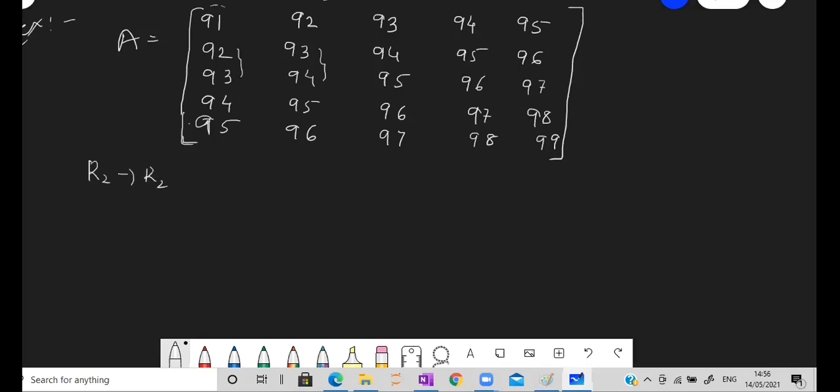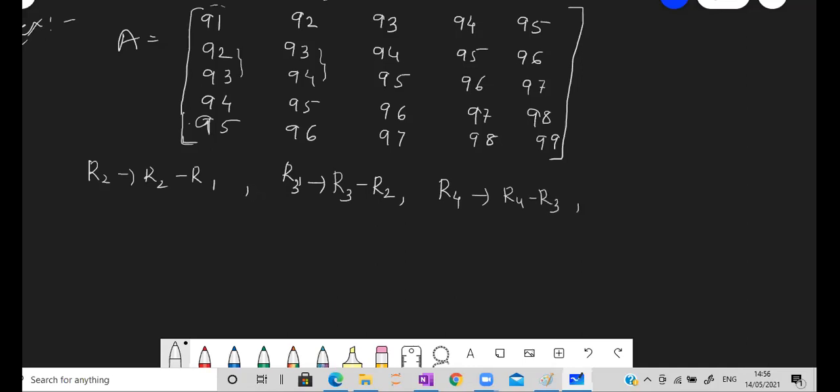So I'll just apply like this. R2 is R2 minus R1. R3 is either R3 minus R2 or R3 minus R1. No worries, I'll take it as R3 minus R2. Can you tell me what should be R4 then? R4 minus R3.